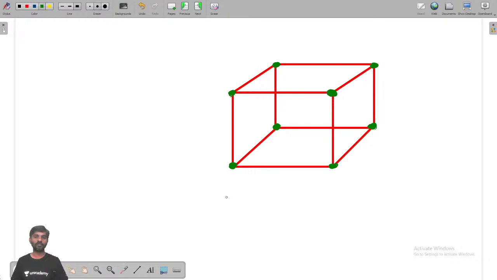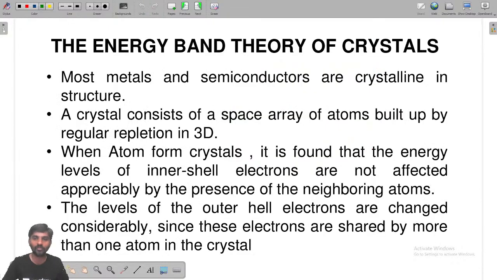Atoms are arranged in a proper way. Okay, so the crystalline structure looks like this. This electron is shared by these three. It will share another electron also, if it is 4.